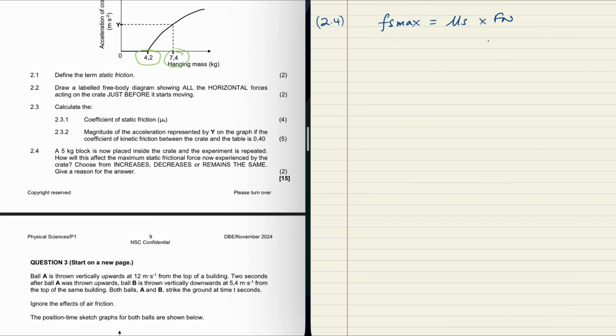Now we know that Fn is m times g. The coefficient is the same, gravity is the same, so that means Fs max is directly proportional to m. So if m increases, Fs max is also going to increase.